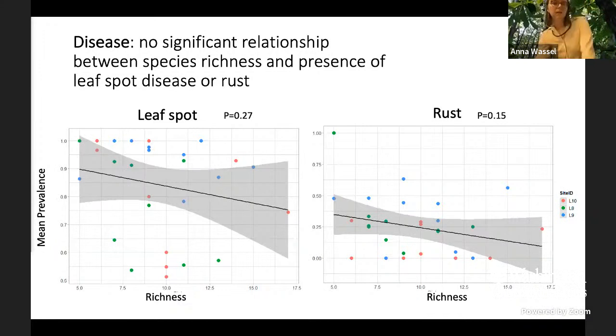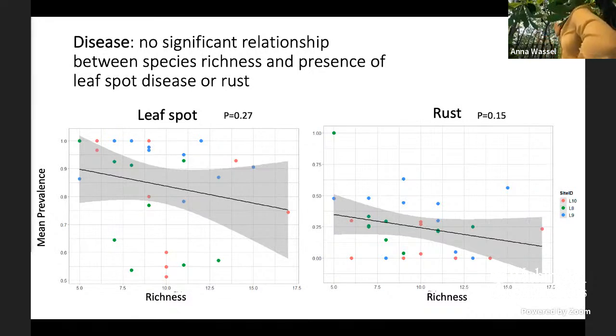Okay, so starting with disease, we have here plots of leaf spot and rust. I did not find a significant relationship between species richness and the presence of leaf spot or rust. The different colors of these points just represent each site, and each point is a plot. So on the x-axis, we have species richness.